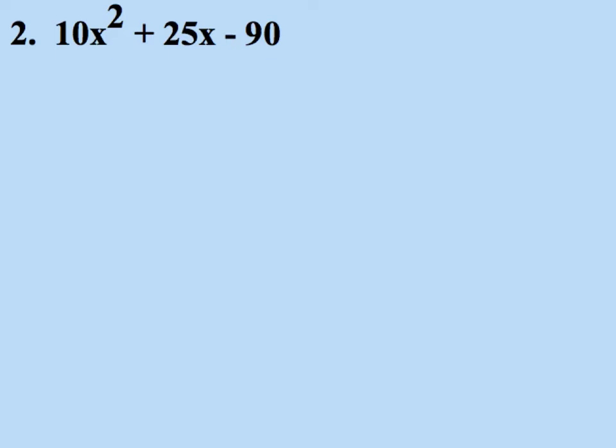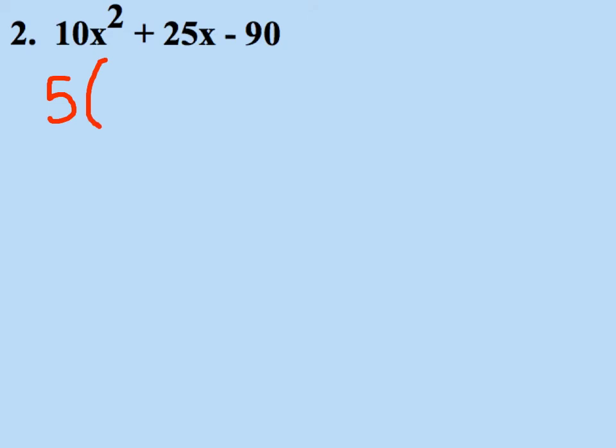So for me to think of the factors of negative 900 that add up to be 25, that could be a lengthy and time-consuming process. So to shorten that work, I can think of a greatest common factor. Sometimes that doesn't always happen, but in this particular case, I know that I've got the number 5, which goes into all three values. So I'm going to factor or divide out a 5.